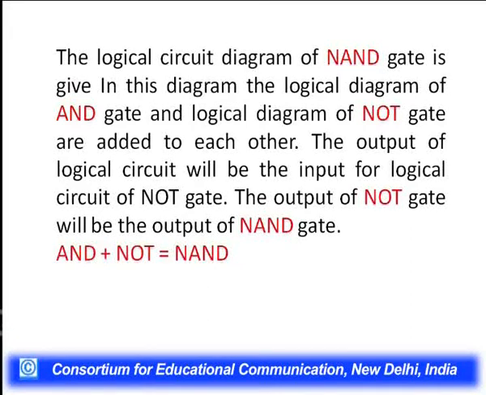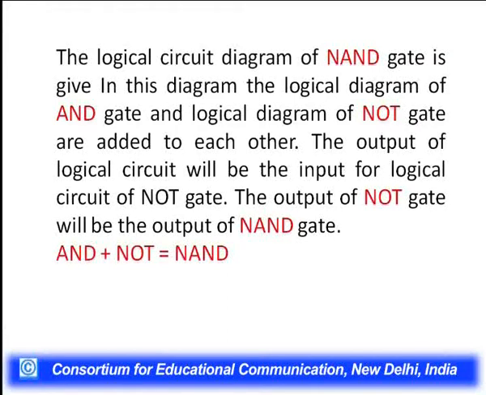So the logical circuit diagram of the NAND gate is given in this diagram. The logical diagram of the AND gate and the logical diagram of the NOT gate are added to each other.